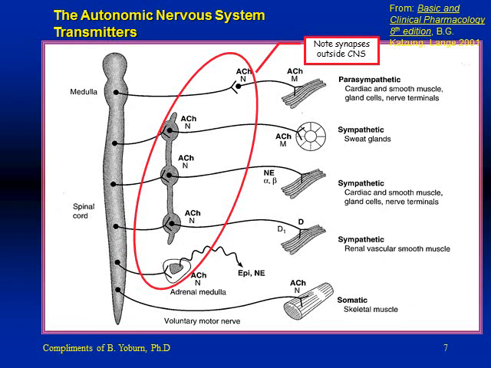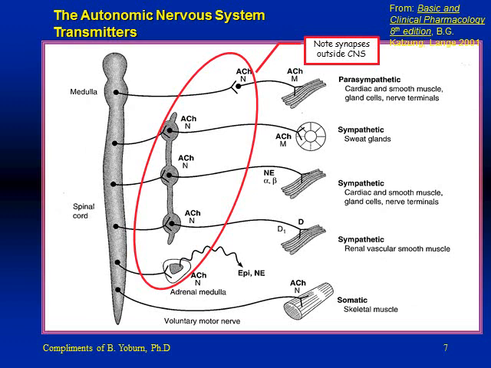Now, if you notice, there are about 3 ganglia very close to the spinal cord drawn for you on this slide. And those ganglia are defined as sympathetic ganglia because the definition is based on anatomy. Sympathetic ganglia refers to being located at the side of the brain or the spinal cord.